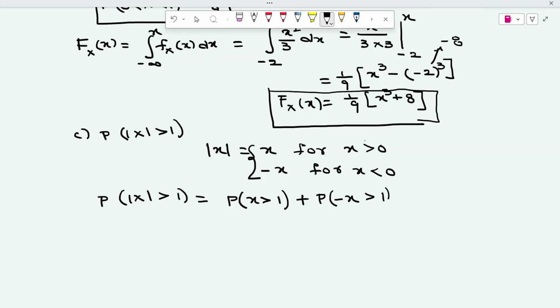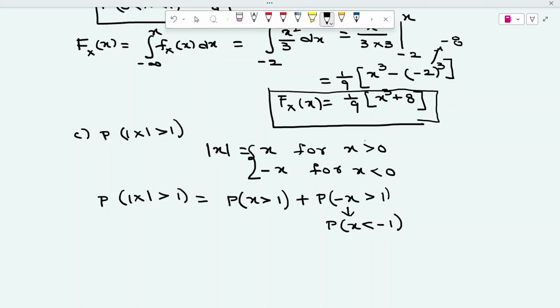So probability of minus x greater than 1. We can write this as probability of, if we multiply with a minus sign on both sides, this will be x, and greater than will become less than, and this one will become minus 1.